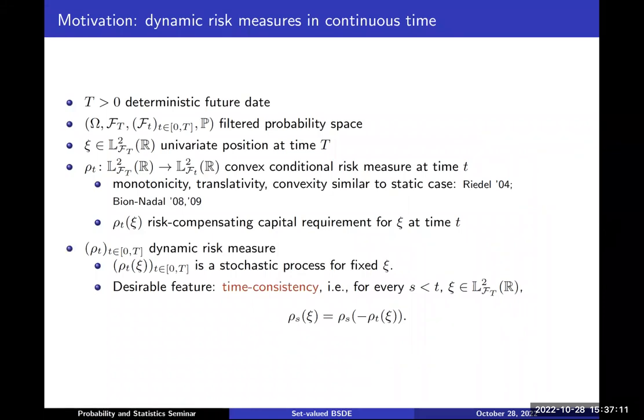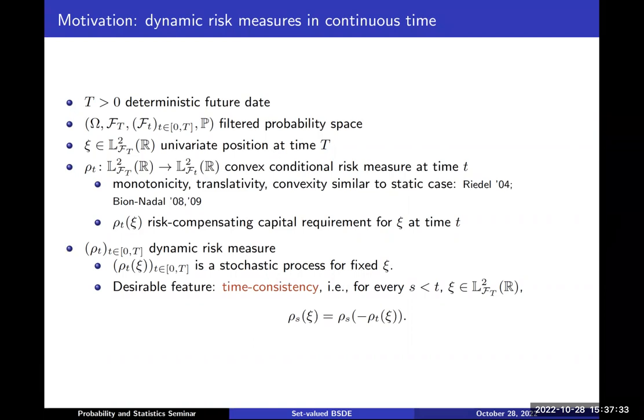If we look at one single financial position and the evolution of its risk backward in time, this creates a stochastic process. So now I freeze my X, but I change t. So I get a stochastic process for each terminal position.